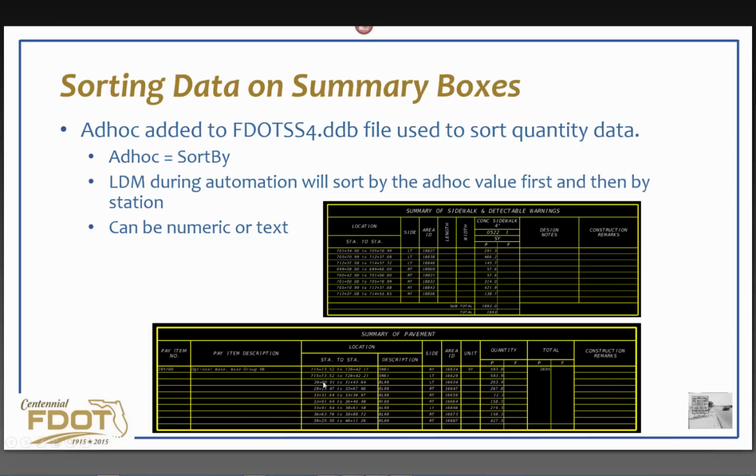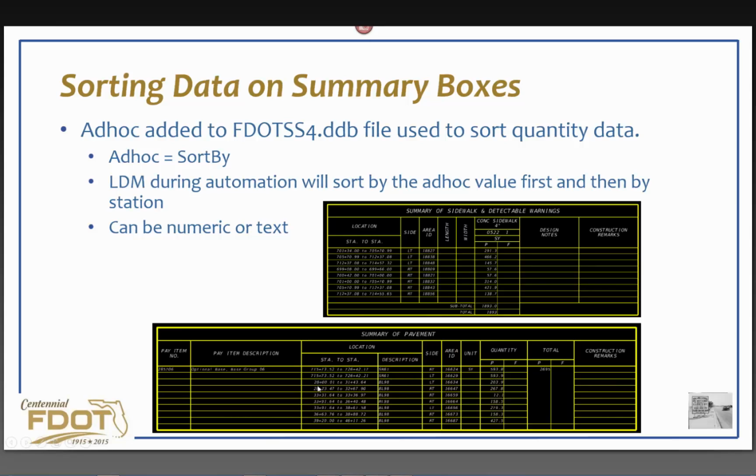It's State Road 61 and US 98 over here in District 3, and baseline 98 has different stationing. Normally, with the other way of sorting everything, it would have put my 98 quantities first because they're of a lower value than my main line.